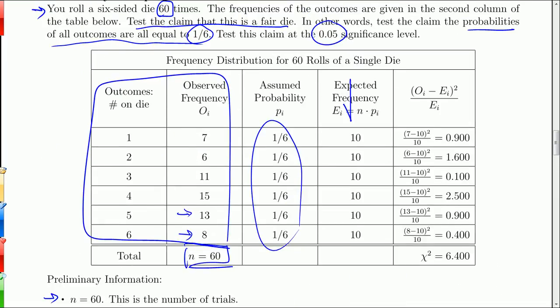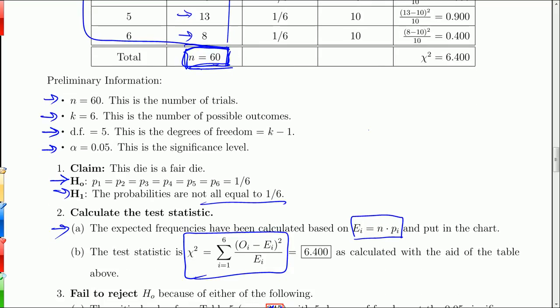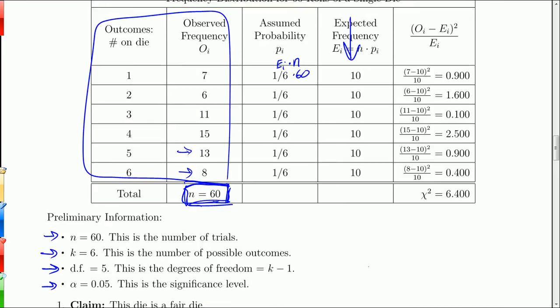So if my probabilities from the null hypothesis are all 1/6, and there are 60 rolls, or 60 trials, then I'd expect 1/6 times 60, so that's P sub I times N. Notice that comes from right here. These are the E sub I's.